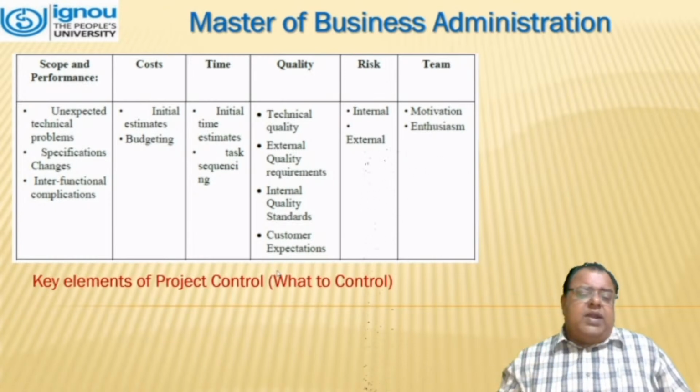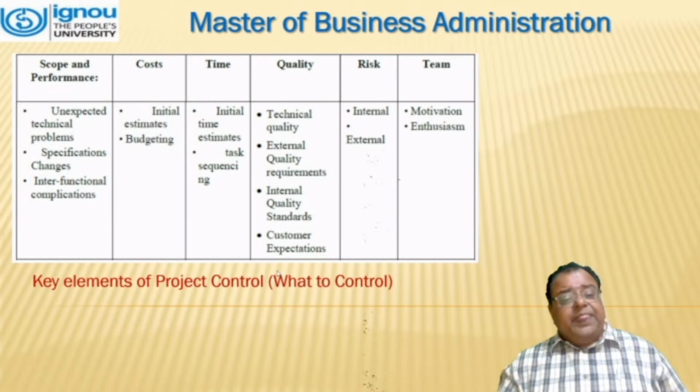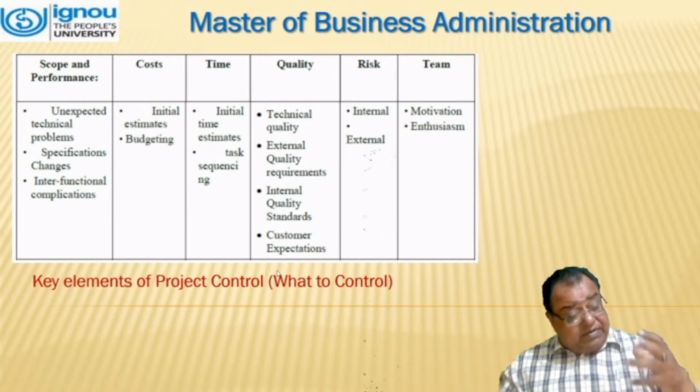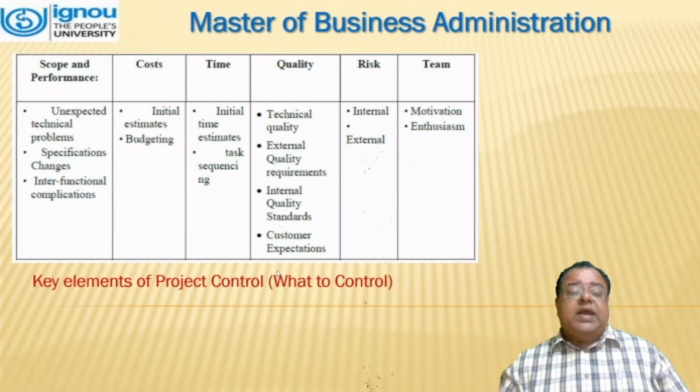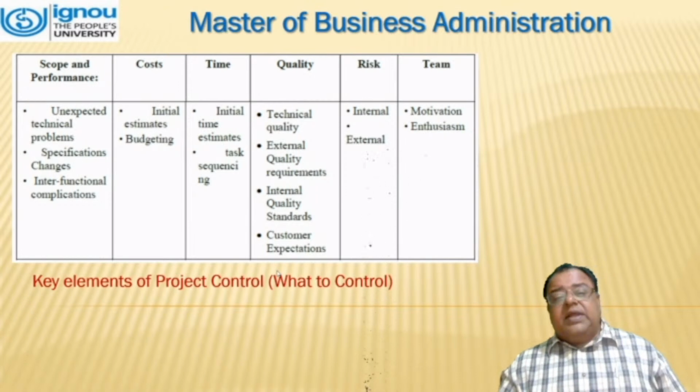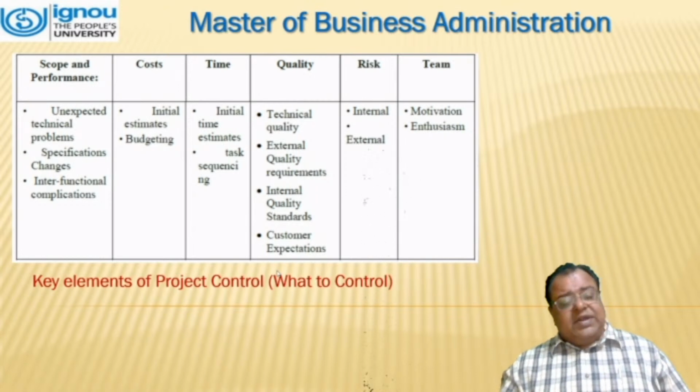If we talk about the quality, it is the technical quality, external quality requirements, internal quality standards within the organization, and customer expectations. Then comes risk. Risk, no doubt, is of two types, that is internal risk and external risk. And for the team, it has to be motivated and proper enthusiasm has to be kept.